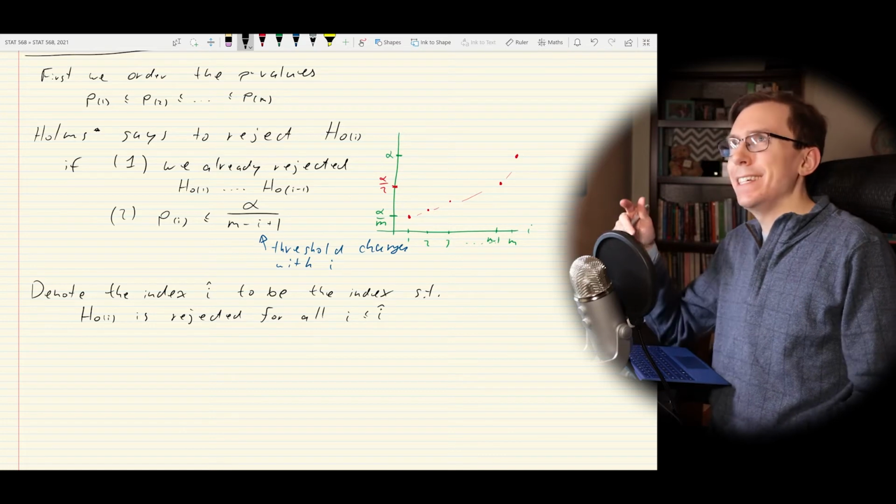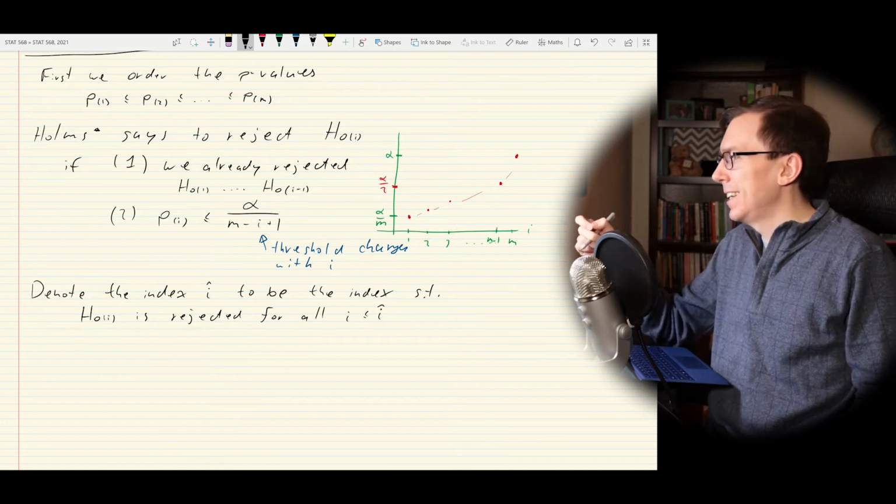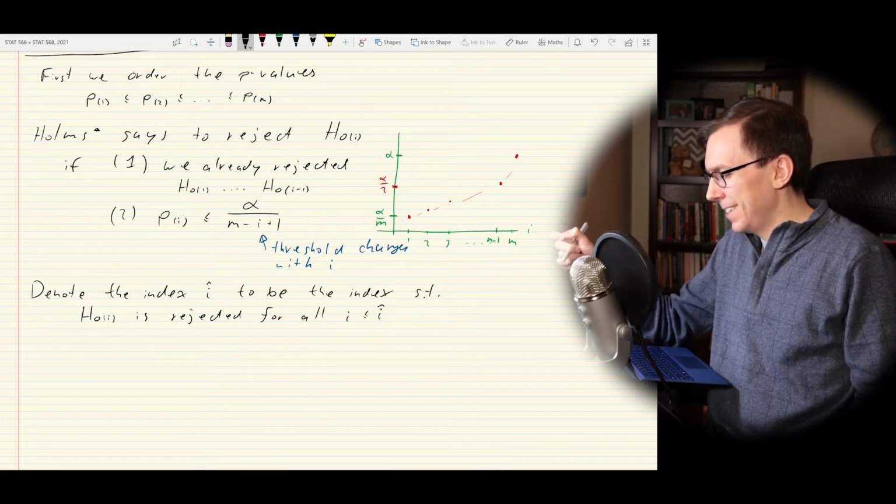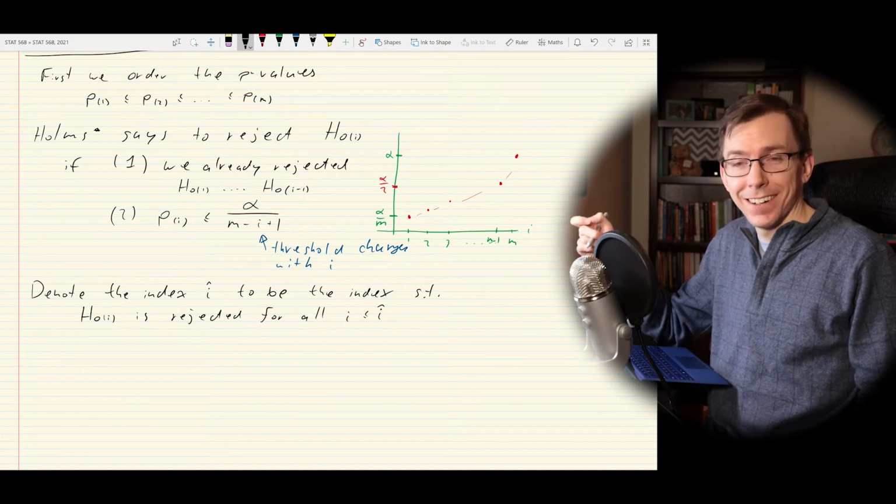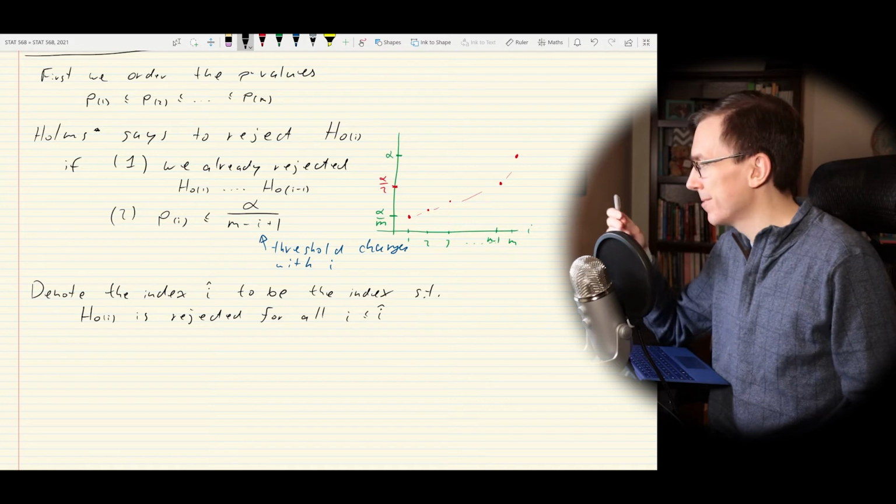So it's kind of the largest index that gets rejected by Holm's method.